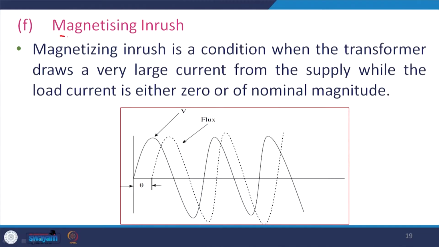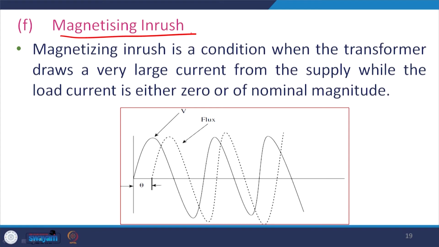Now, the next phenomenon is known as the magnetizing inrush current. Magnetizing inrush current is a condition when the transformer draws a very large magnitude of current, while the load current is either 0 or the nominal magnitude. That means, when you energize an unloaded or lightly loaded power transformer, the transformer draws a very high magnitude of current, and that current is known as inrush current.